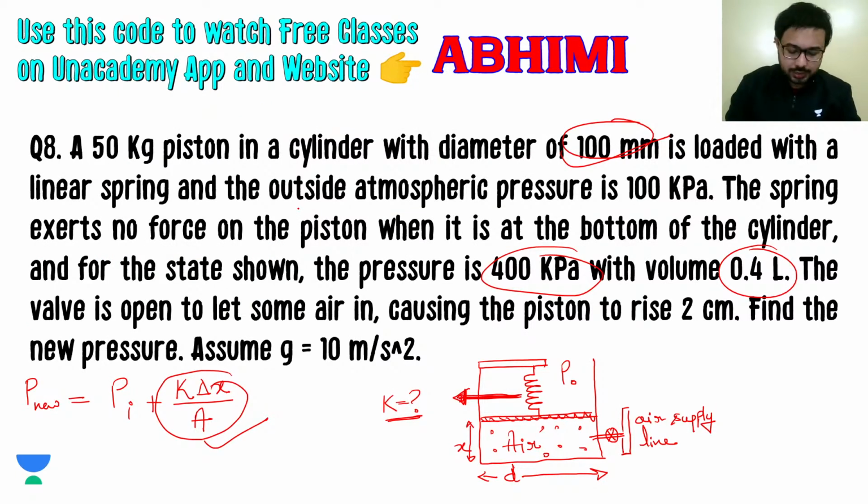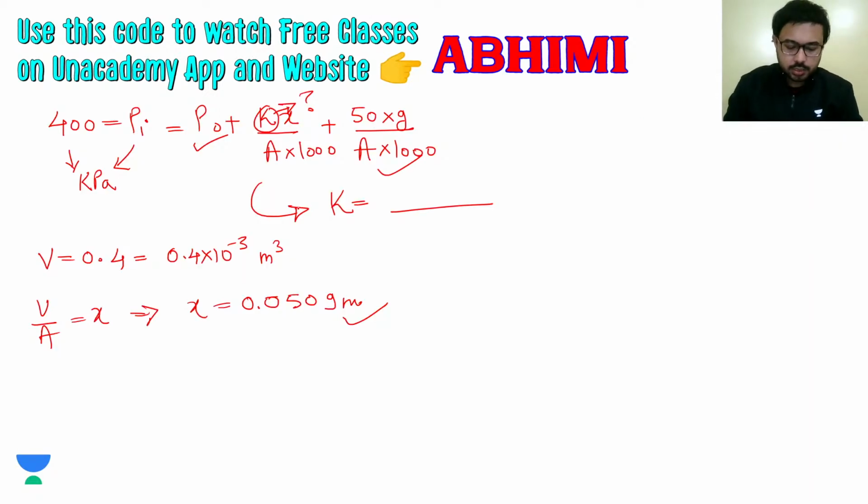In the second line you can see that. So 400 minus P naught minus the pressure due to the weight of the piston, or mass of the piston. So it will be 50 cross 10 divided by area. Again, diameter is known to us. So now we have that value, and we can now calculate the k value.